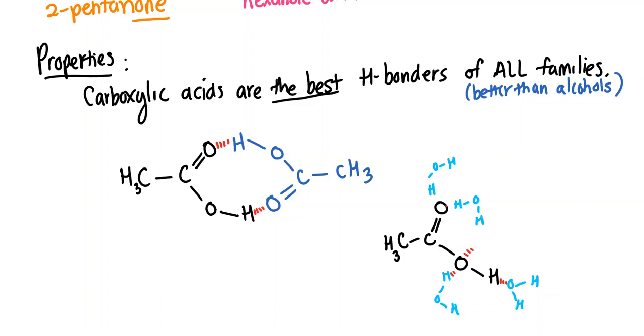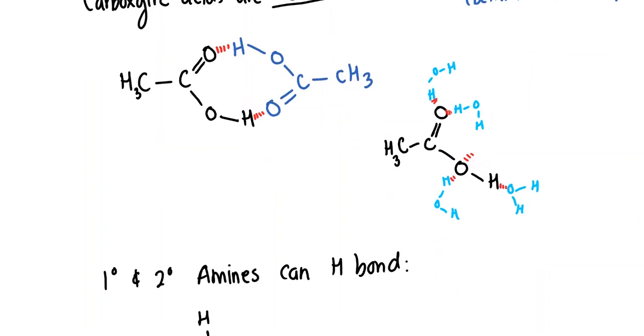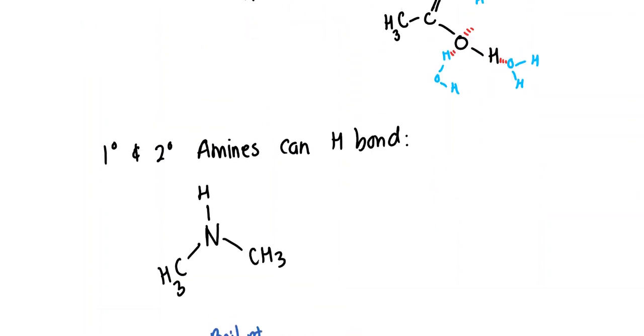I didn't draw that one. But anyway, so a lot of hydrogen bonding with carboxylic acid. So that makes them the most water soluble and the highest boiling points of the families. Of course, a primary or secondary amine has this nitrogen to hydrogen bond, and this hydrogen can form a hydrogen bond with water.